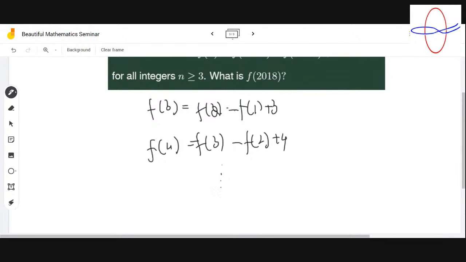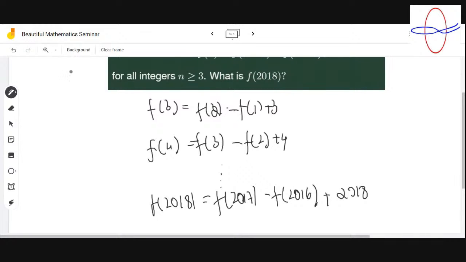Dot dot dot. f of 2018 is equal to f of 2017 minus f of 2016 plus 2018.